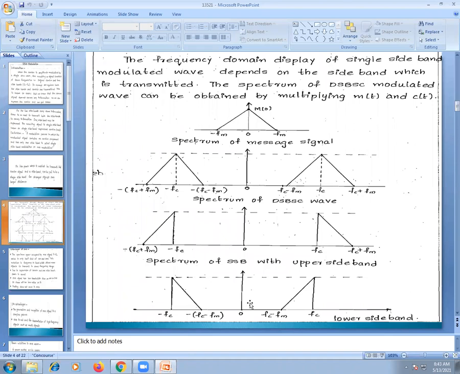The fourth one is the lower sideband: fc to fc minus fm, minus fc to minus fc minus fm. The upper one is the upper sideband, the lower one is the lower sideband. These are the spectral components of the SSB wave.